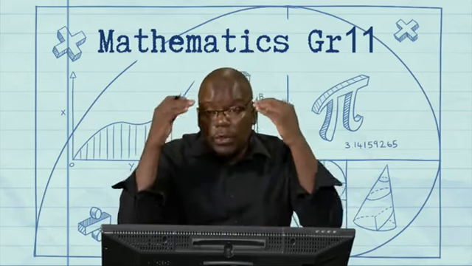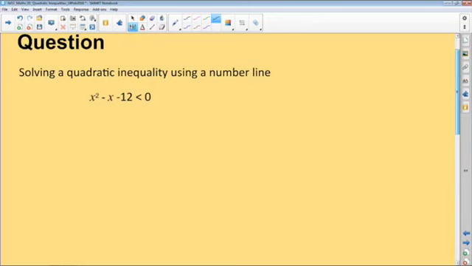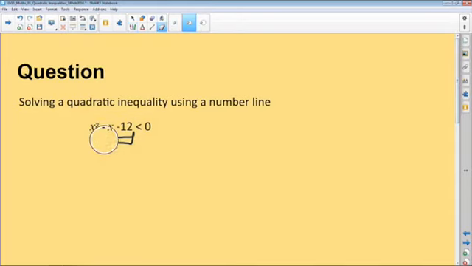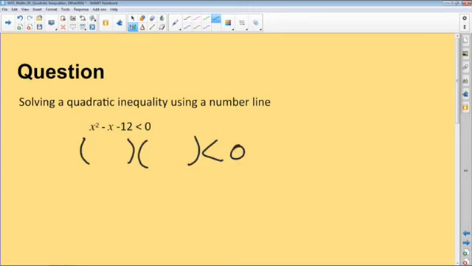In your mind, you are as if solving a quadratic equation. First of all, I'm going to factorize this part, okay? So how do you factorize that? I've got x squared minus x minus 12. I'll have two brackets. That's x minus 4 and then x plus 3.